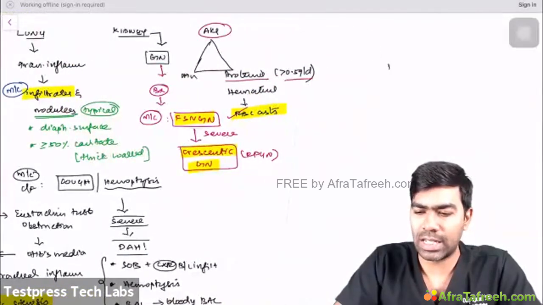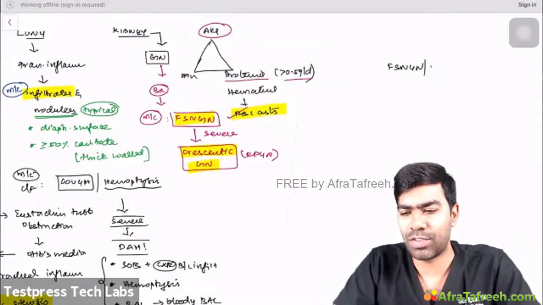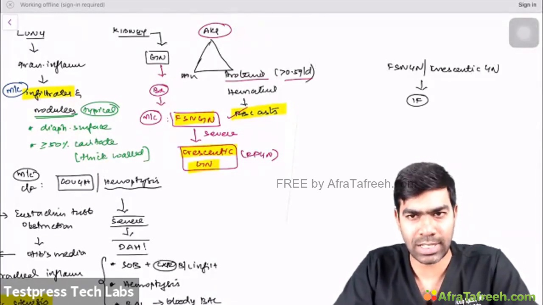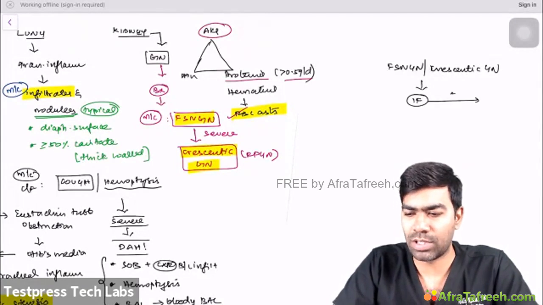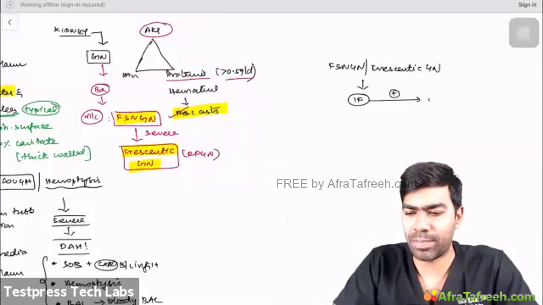Whenever you see a focal segmental necrotizing glomerulonephritis, or on the other hand a crescentic glomerulonephritis, if they ask you what is the next step, of course, I'll do immunofluorescence. If immunofluorescence is positive, then there are two possibilities. I have to see the pattern of immunofluorescence.